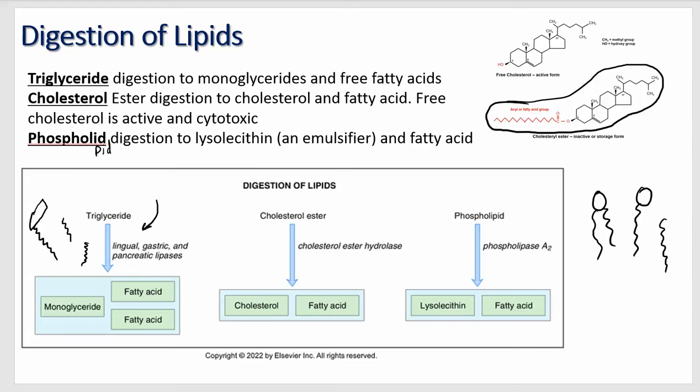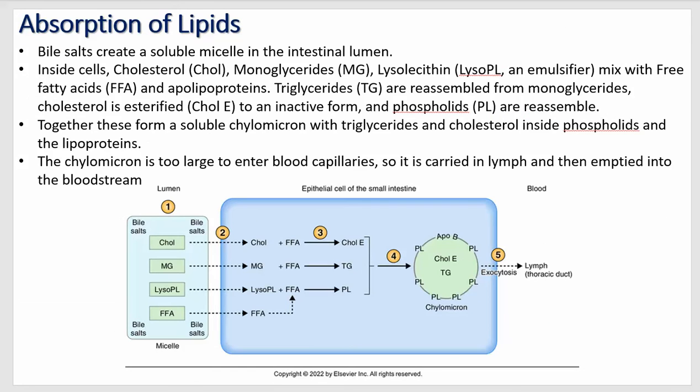So that's how this takes place, and it gives you that visual that these things are really broken down to their basic components, so there's nothing structurally complicated about them. So absorption. We mentioned that they are broken down, and that they're surrounded by these bile salts.